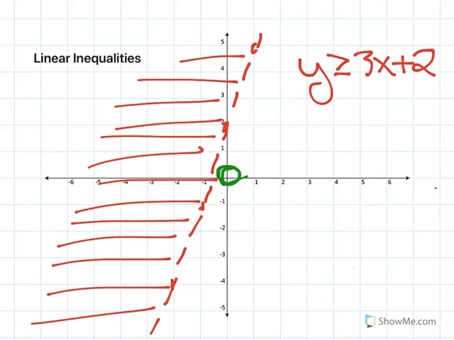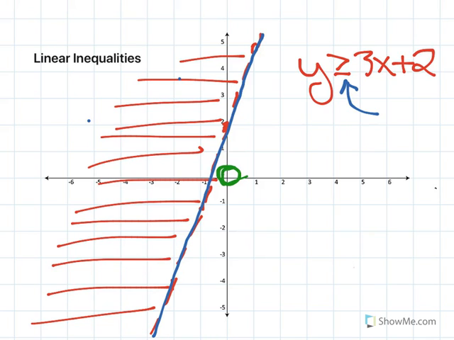So this other difference, the only thing I've changed is this equal sign attached to the inequality. So this says y is greater than or equal to 3x plus 2. That means y can be equal to that 3x plus 2 line. So in this case, we would make the line a solid line, and the shaded area would still be there.